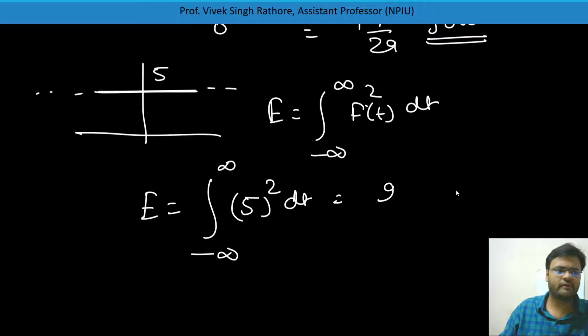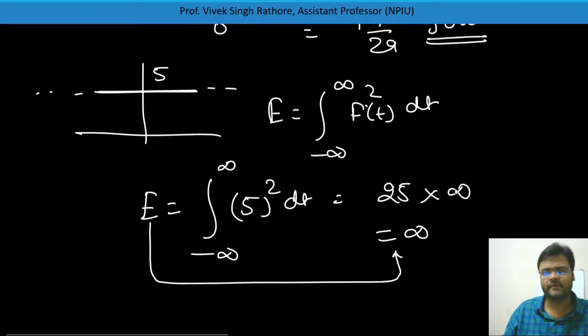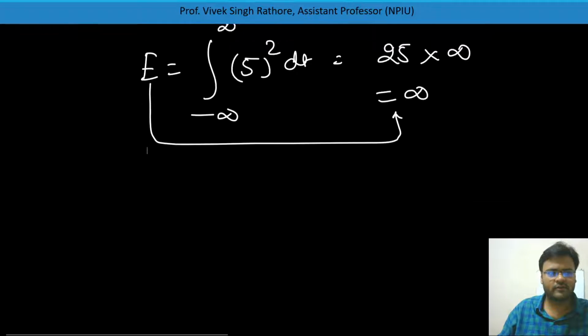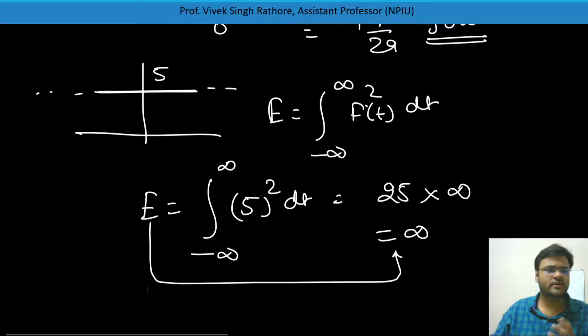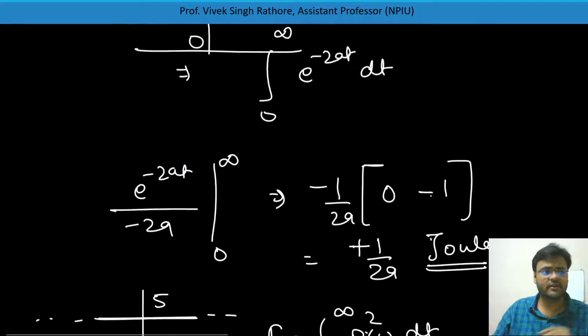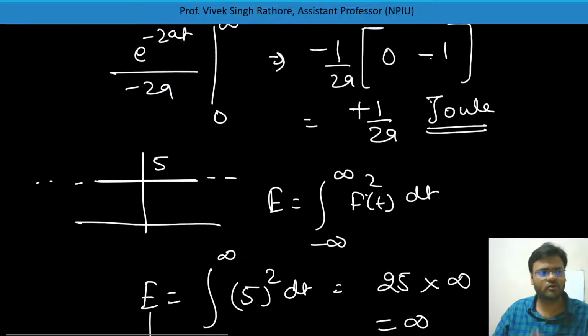So you will get 25 into t, evaluated to infinity, that is infinite. So you came to know that this signal has infinite energy. Now if the value comes infinite, we need to calculate power, because this signal's energy is infinite, so it is not an energy signal, that is sure.